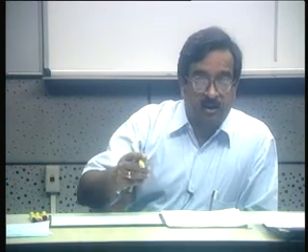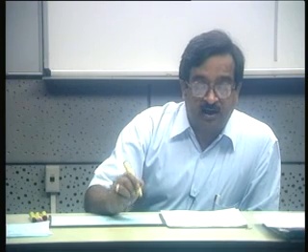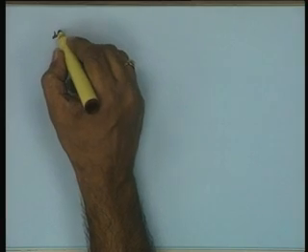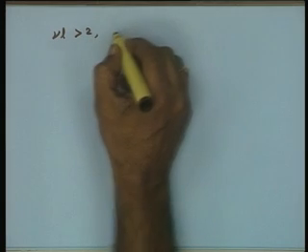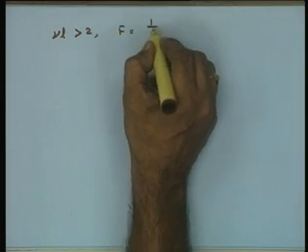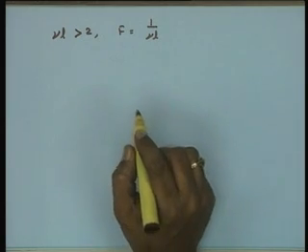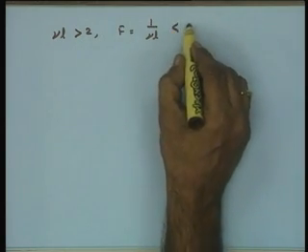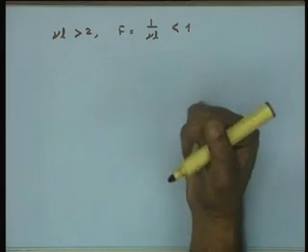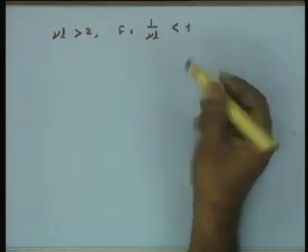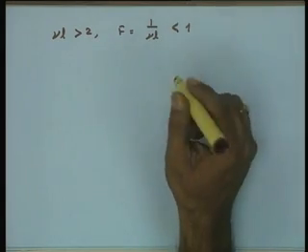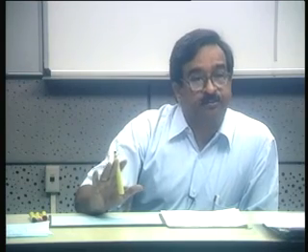Now if you look at a higher value of gamma L, when gamma L is greater than 2, as I mentioned, f is equal to 1 upon gamma L by basic definition, and therefore f is less than 1, which means the reaction is under the diffusional control regime.